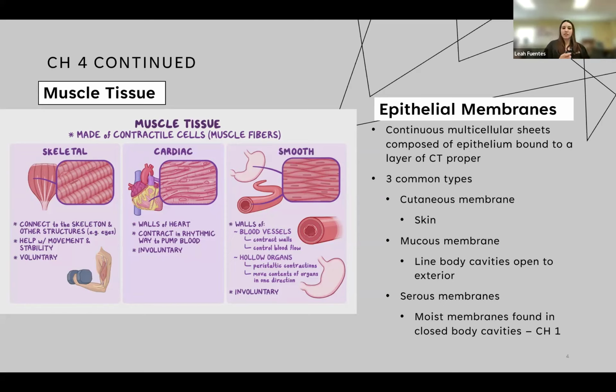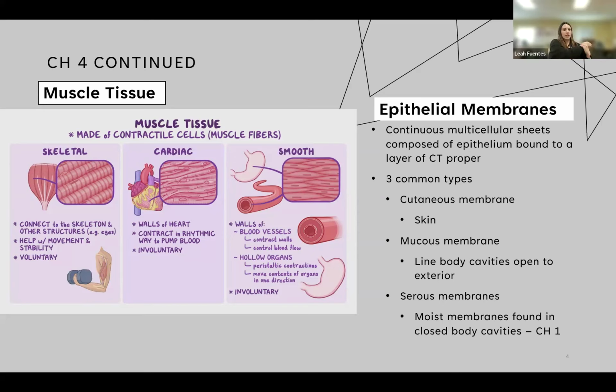And then we have smooth muscle, found in the walls of blood vessels and hollow organs, and this is again involuntary. It's not until the next unit that you'll need to identify the different muscles based on models. Those of you in the lab, it's up here in this corner. You don't need to know that until the next unit, but you still do need to know the following.